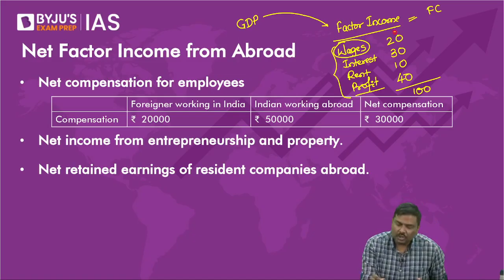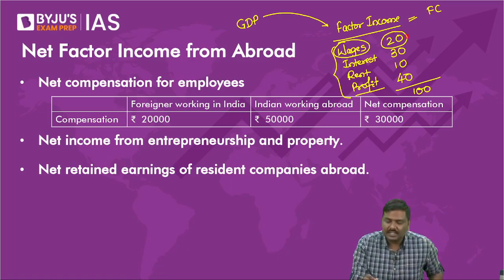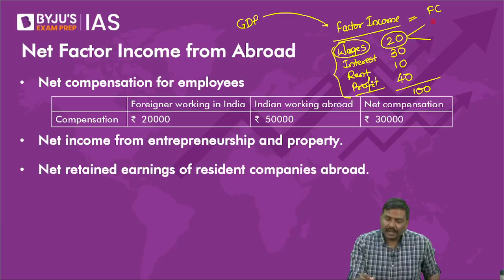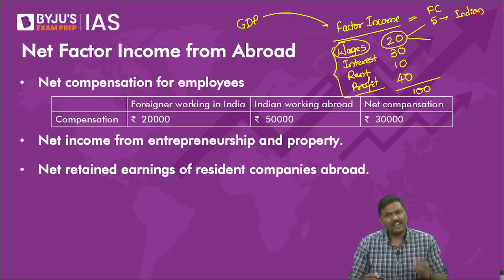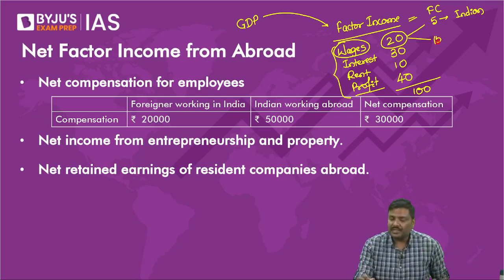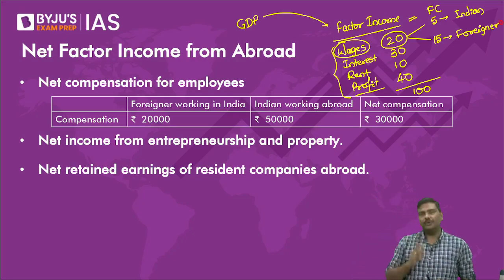But when you talk about wages, imagine out of 20 rupees, this is how the wages are divided. Out of 20 rupees, 5 rupees was earned by an Indian citizen. And 15 rupees was earned by a foreign citizen in India. A simple question to you.